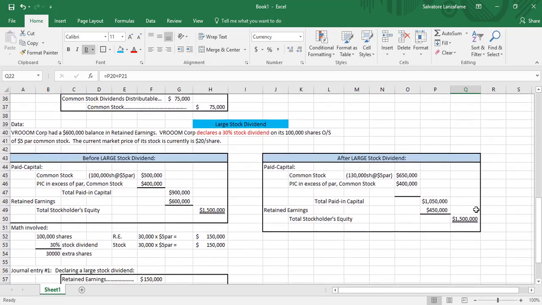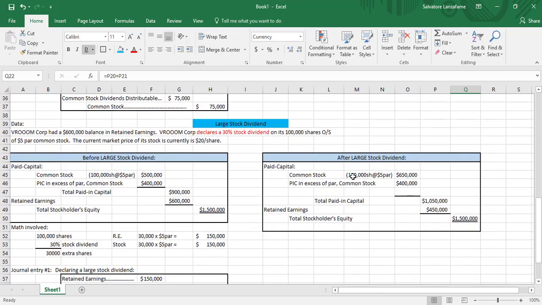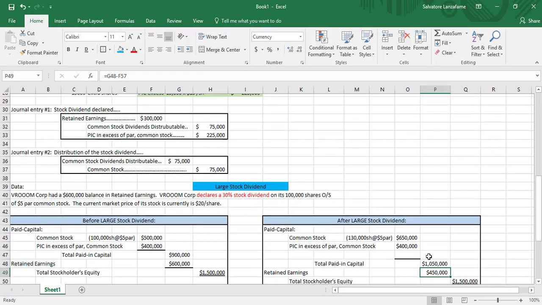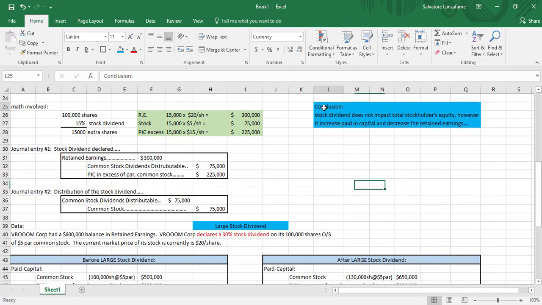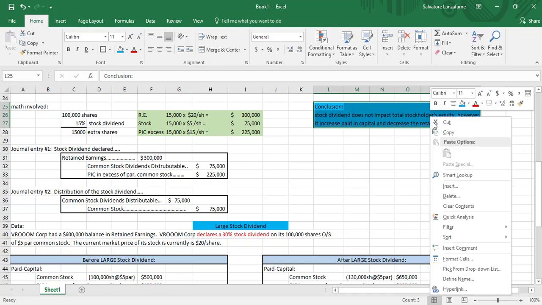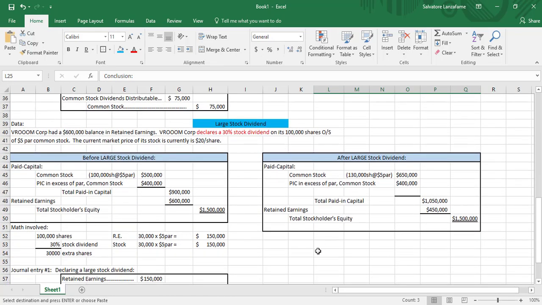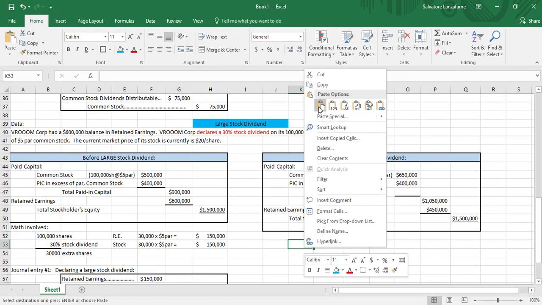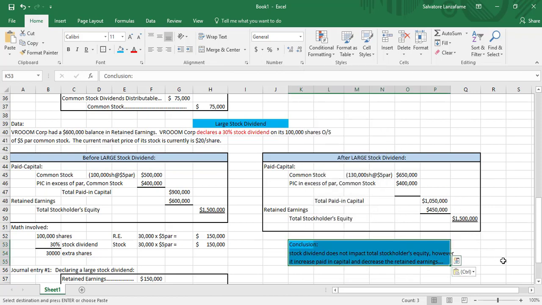In this large stock dividend, the par value was impacted, and the stock account went up by 150, and retained earnings went down by 150. So the same conclusion that we had before is the same conclusion we have again, and that is stock dividend does not impact total stockholders' equity.